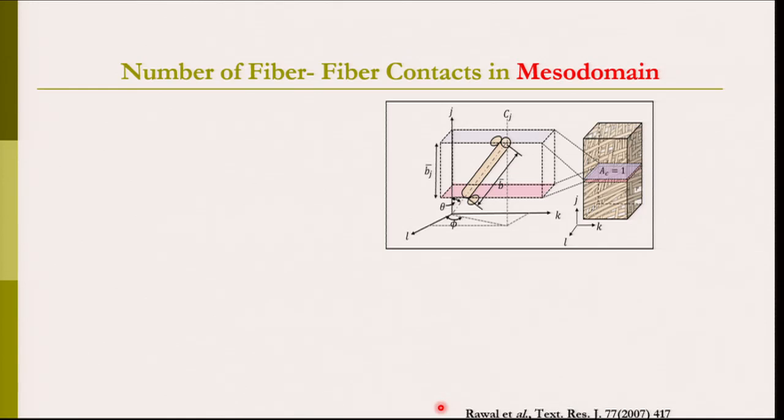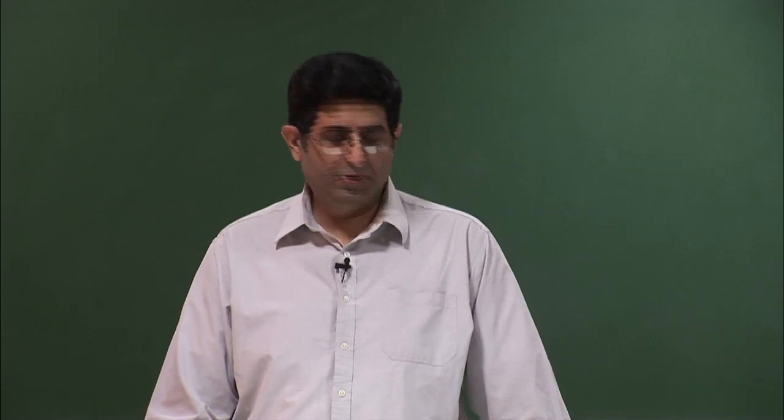In this case we have to make use of a certain volume, because volume is difficult to measure specifically for a fibrous material. So, we have to consider a mesodomain. What is a mesodomain? A mesodomain is just like a unit cell which has a certain thickness.